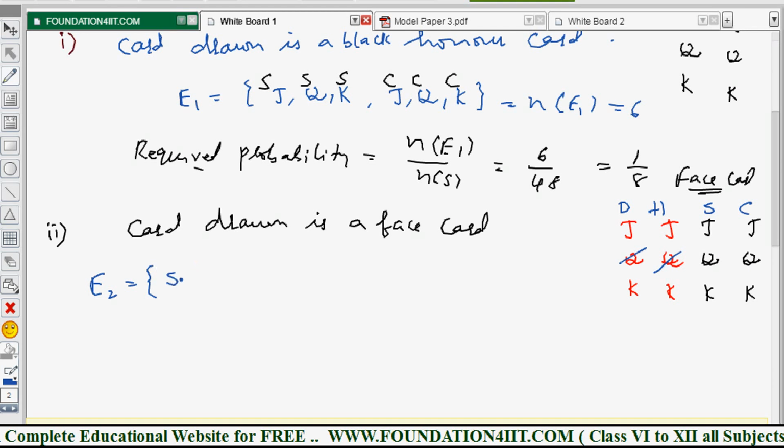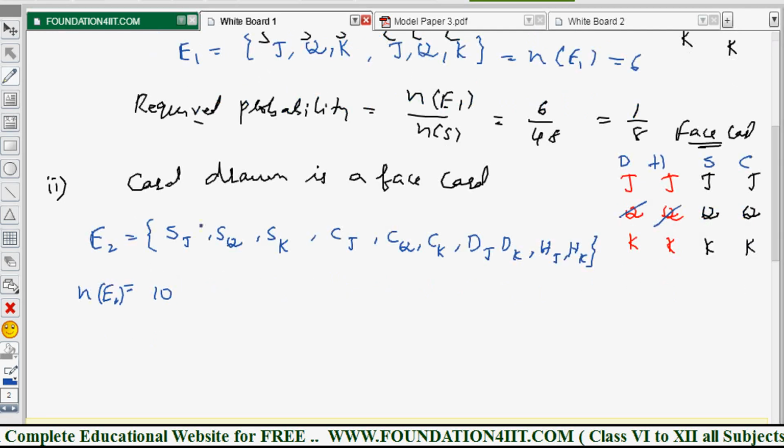Remember, diamond jack and king and heart jack and king. Then n of E2 is equal to 10.